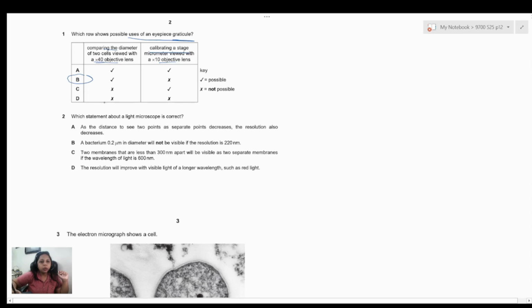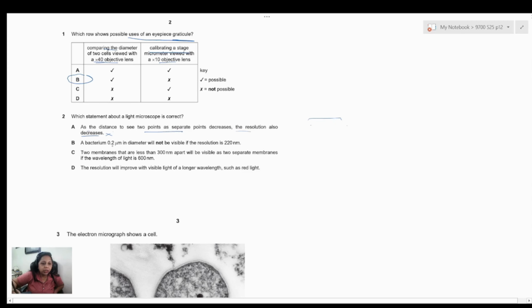Which statement about the light microscope is correct? The light microscope uses light as a source to view objects. As the distance to see two points as separate points decreases, the resolution also decreases. No, resolution has nothing to do with that.